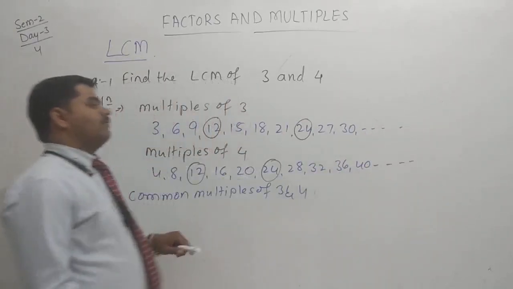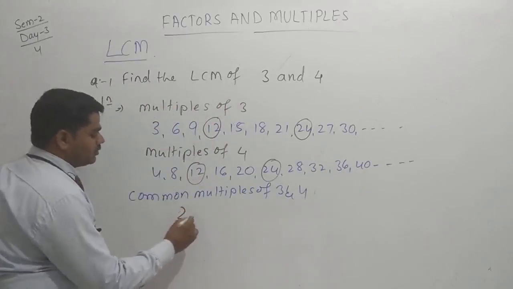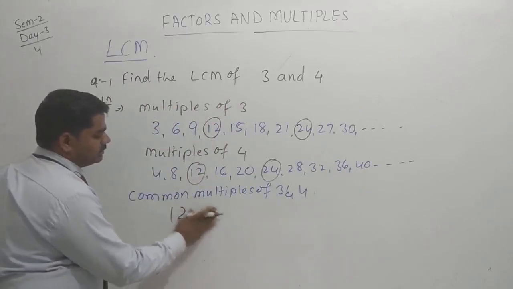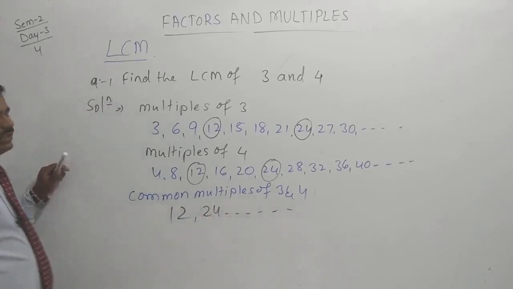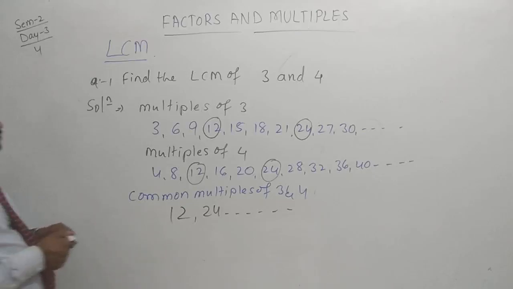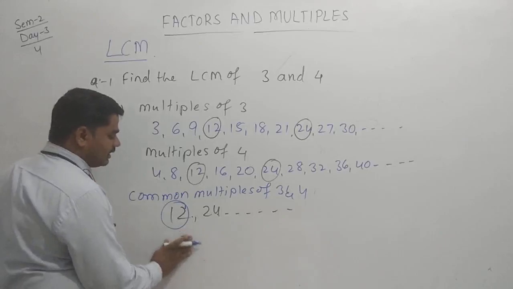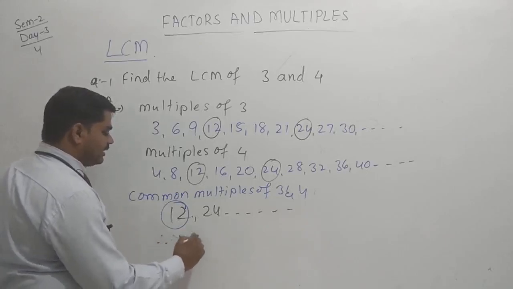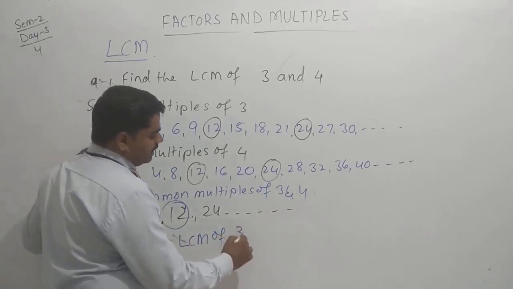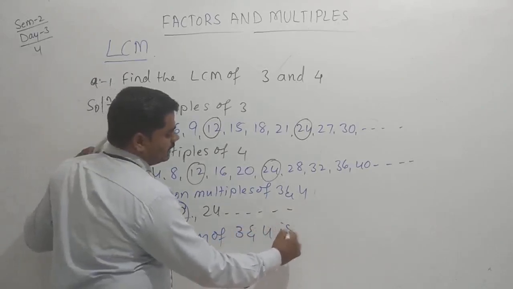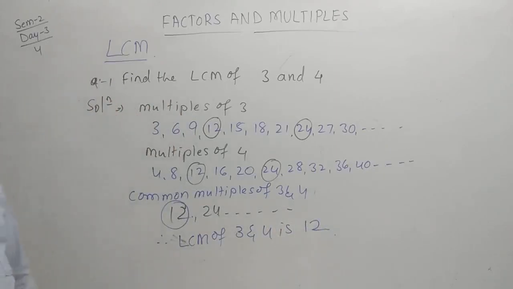Again we can write the common multiples as 12, 24 and so on. Here which is the least one? The smallest one, the first one, is the least. Hence we can say, therefore, the LCM of 3 and 4 is 12.